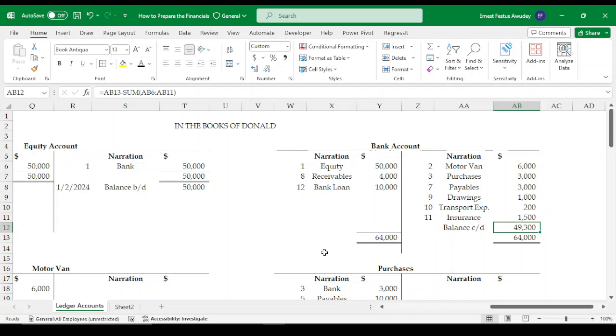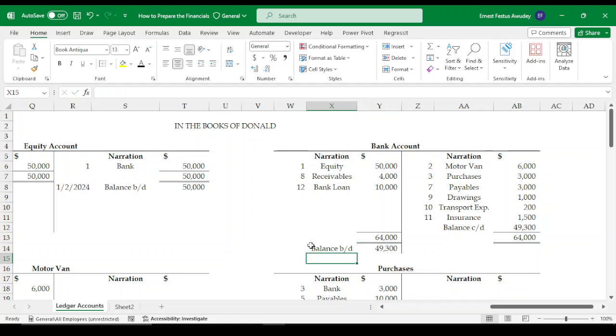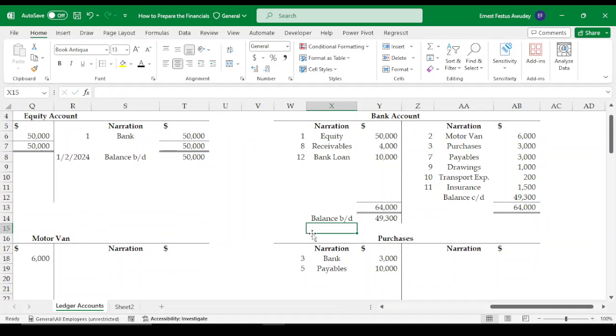All right, then I'll come here and I'll have my balance brought down, balance BD, and I'm going to reference this amount here, balance carried down. Okay, so as simple as that. All right, as simple as that.